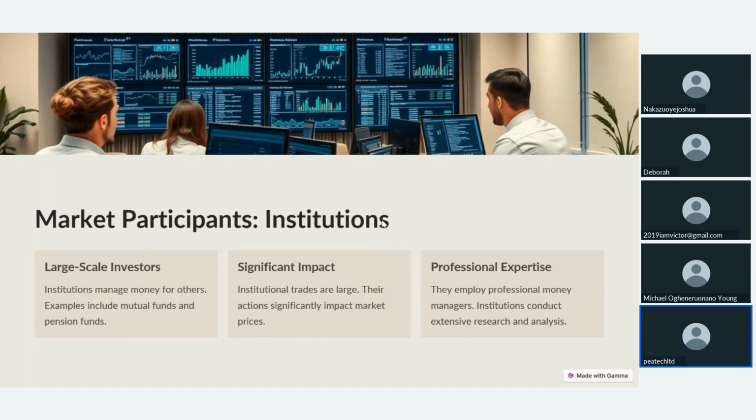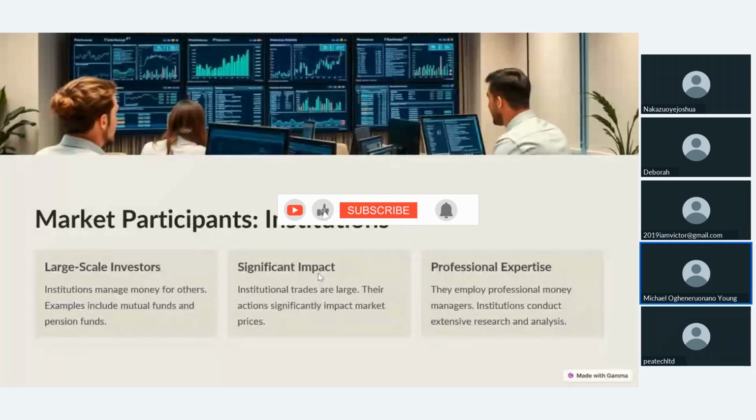And these institutions do a lot of research and analysis before entering their trade. The emphasis you should take here is that their activities in the market can affect the price of the market. When we go to the chart, I will show you what that means, right? But is this clear now? Yes, very clear.